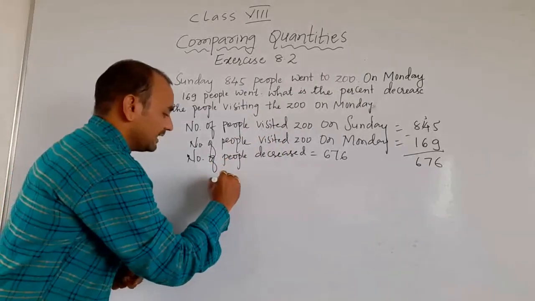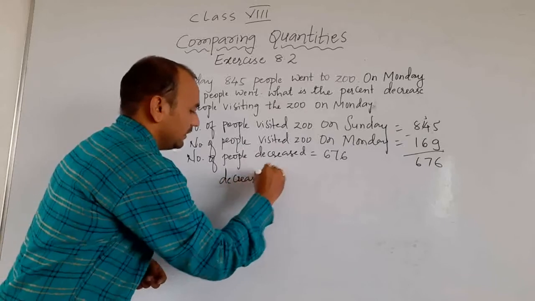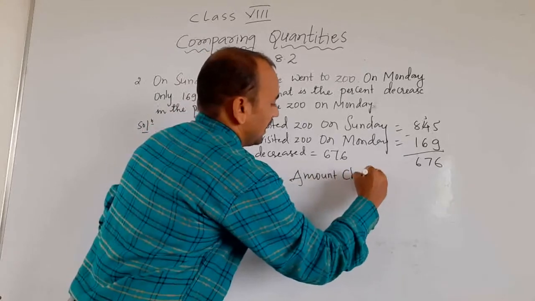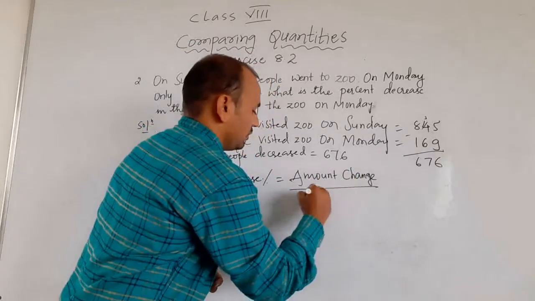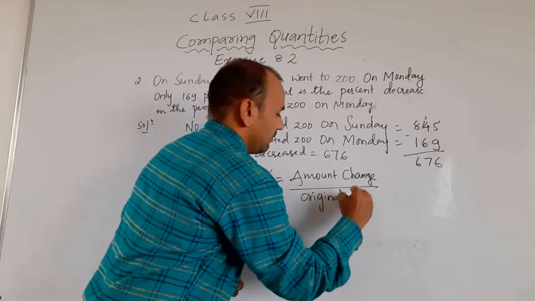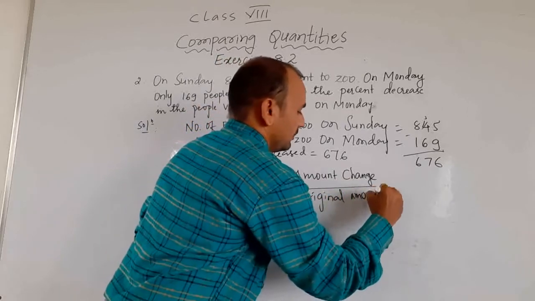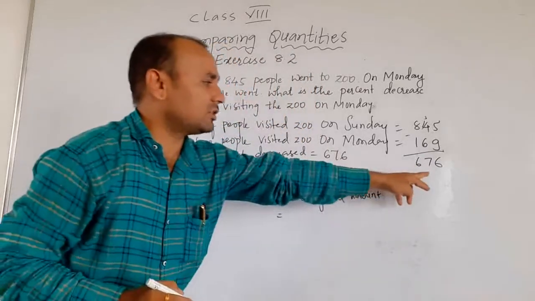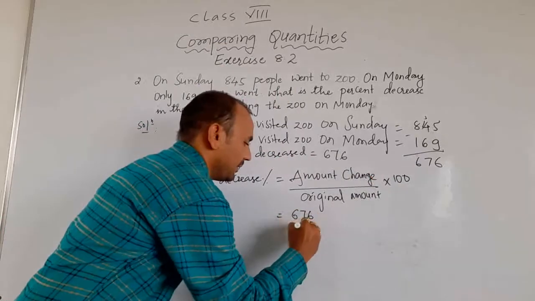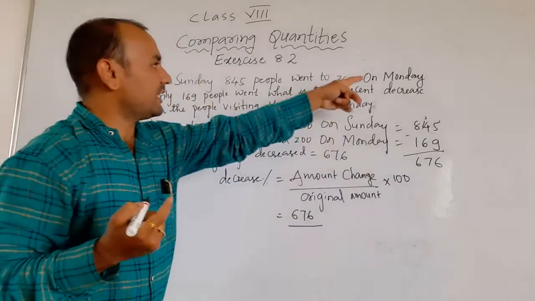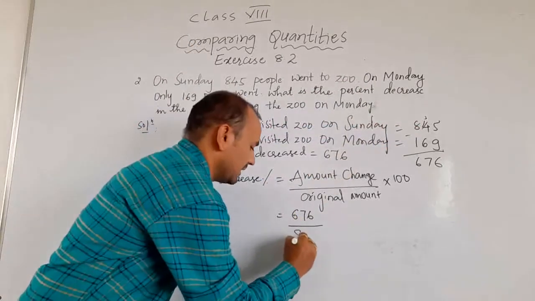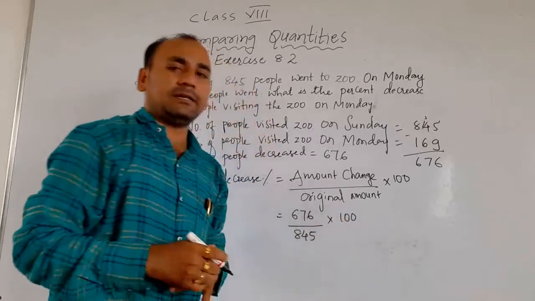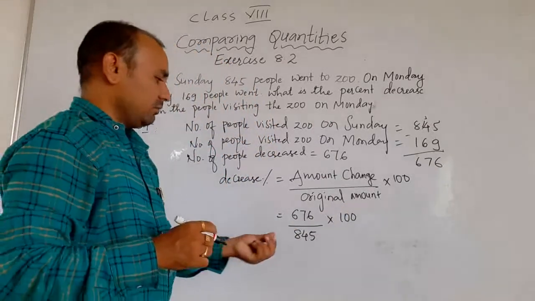Decrease percent is equal to amount of change divided by original amount into 100. The amount of change comparing Sunday to Monday is 676 people. This is divided by the original amount. Original in the sense, on Sunday how many people were there? That is 845 people, into 100.